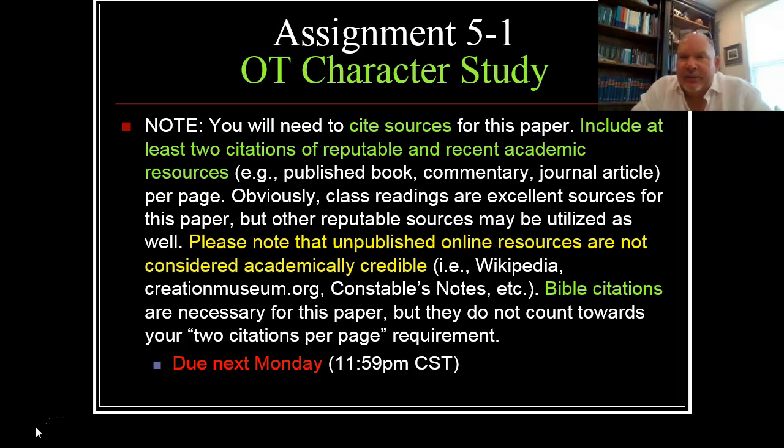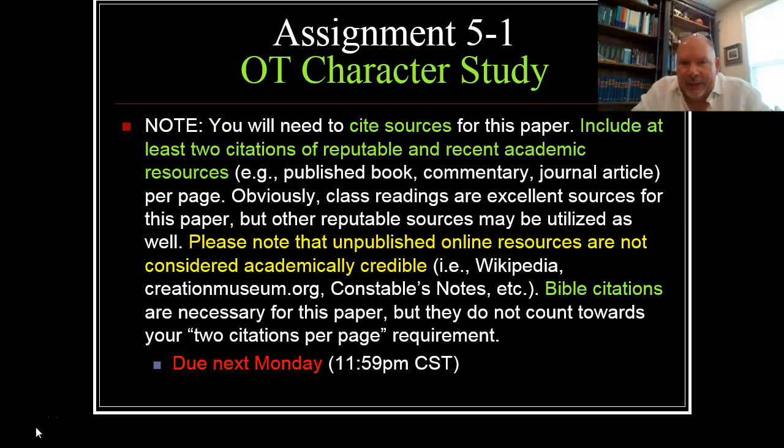Note, you will need to cite sources for this paper. This is not just your opinion, and it is not just an analysis of the book, but it is a research project where you are to analyze the book, but per page, so if this is 3 pages, per page, you are to cite 2 sources at a minimum that are academic sources.